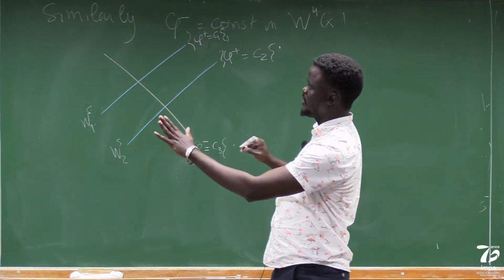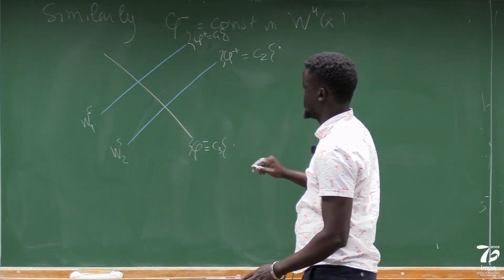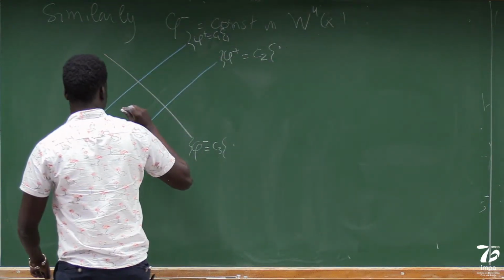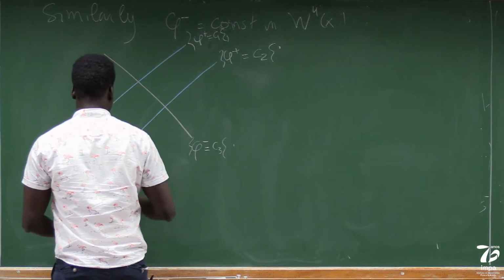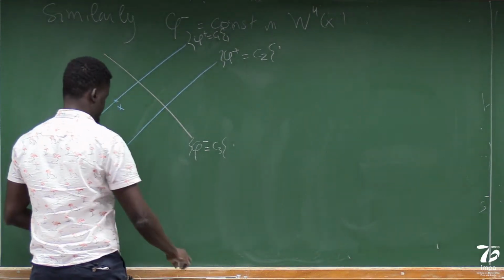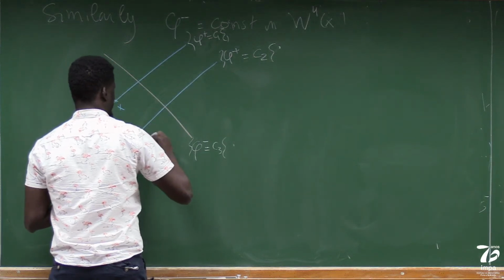So from Birkhoff, what you have is, let's say this is a point x where you start, and there is a point y here.